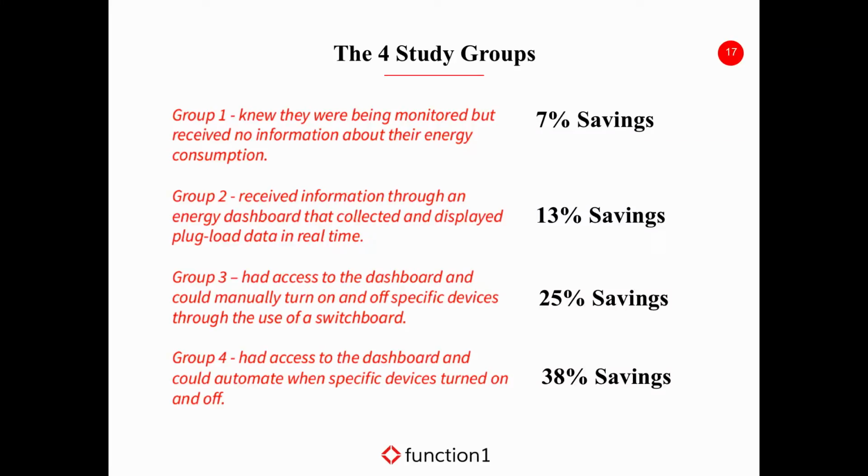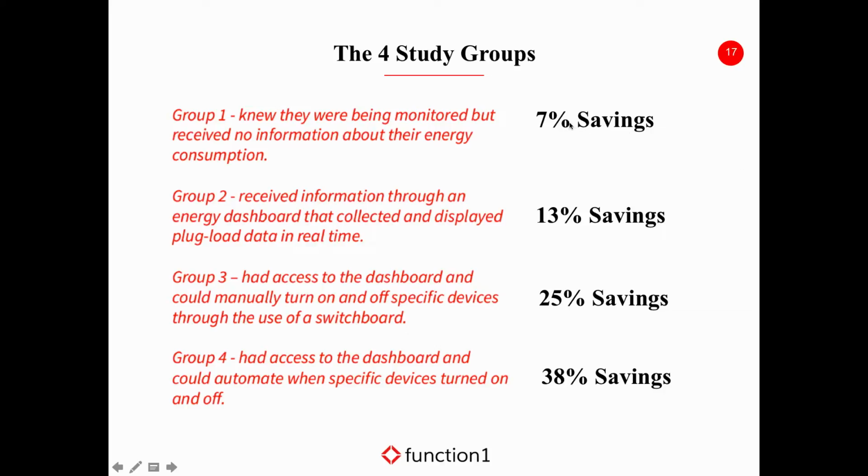Group 2 received some of the information through an energy dashboard, and it collected and displayed the plug load data in real time. Group 3 had access to the dashboard and could manually turn on and off the specific devices through the use of the switchboard. And Group 4 had access to the dashboard and could automate when specific devices turned on and off.